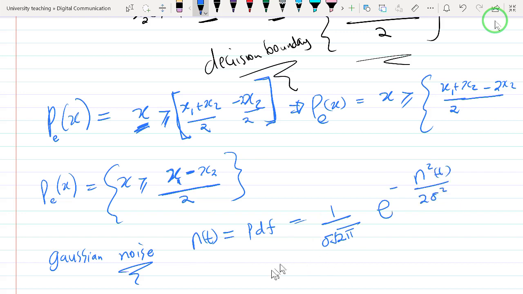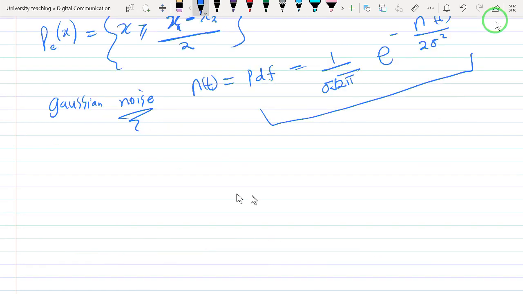And with this pdf, we can characterize the level of a given noise in that channel. And graphically, we can represent that noise to be normal.